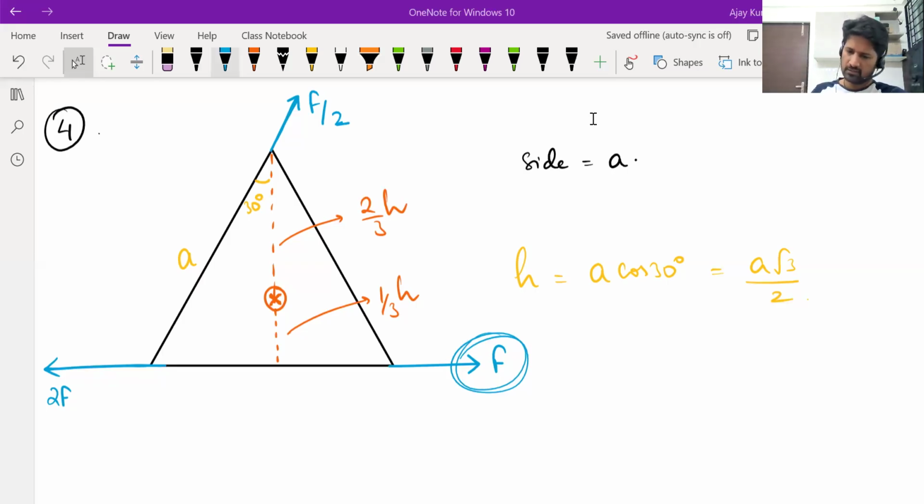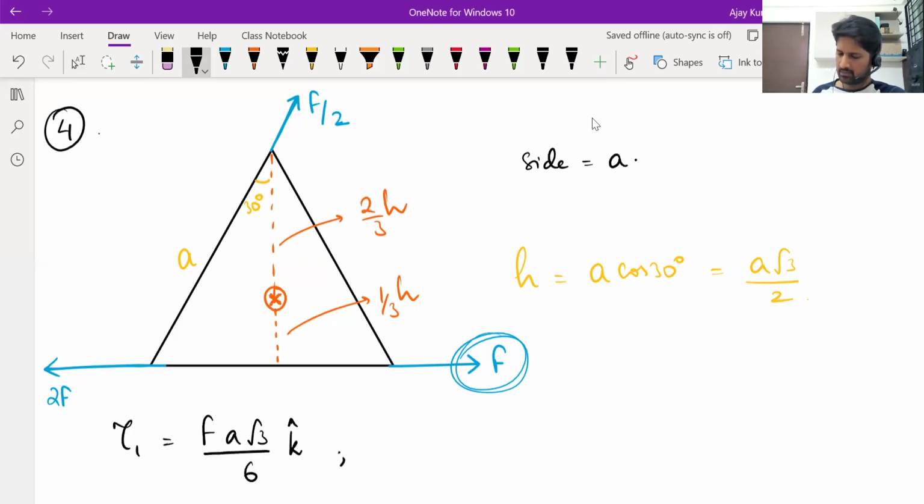That makes sense. This force tends to rotate this triangle in the anti-clockwise sense. The force's line of action is the base of the triangle, and distance from axis to the line of action is h by 3, 1/3 of the height. The height is a root 3 by 2. If you divide by 3, it becomes a root 3 by 6. So the torque produced by this force is F a root 3 by 6 anti-clockwise, so k cap.